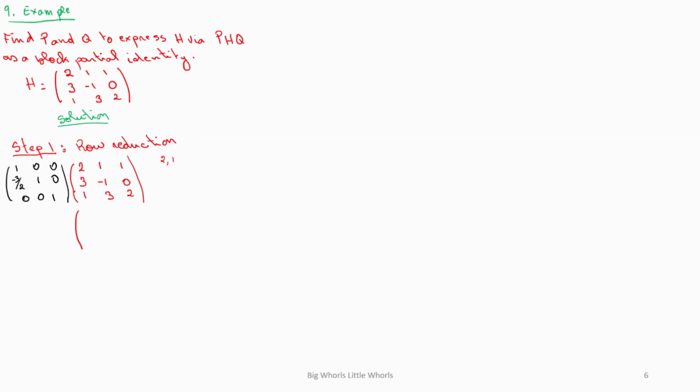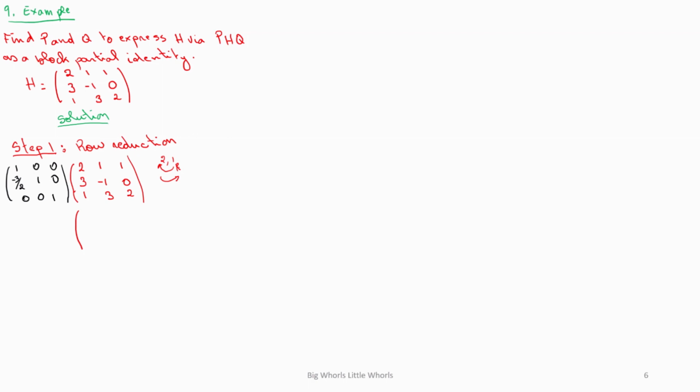I want to use the 2 to eliminate the 3, so I'm going to multiply row 1 by minus 3 over 2. Sorry, I said something wrong. If you multiply with the rows from the left, it works the other way around. It will take row 1, multiply it by minus 3 over 2 and add it to row 2. It's actually the column that works the other way.